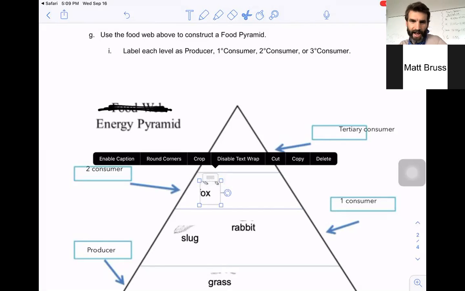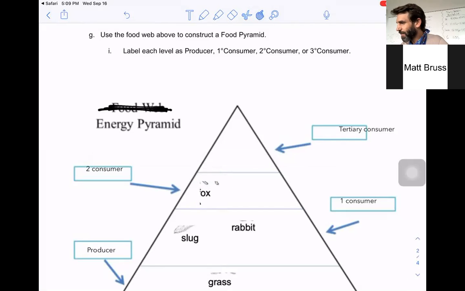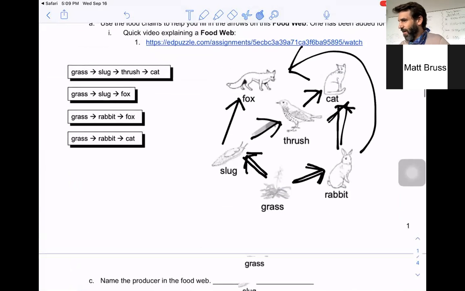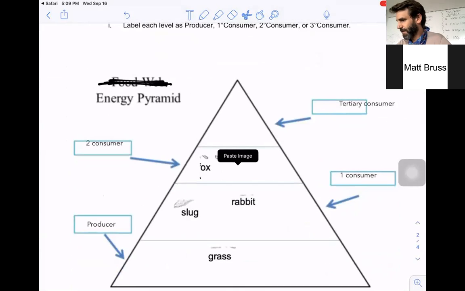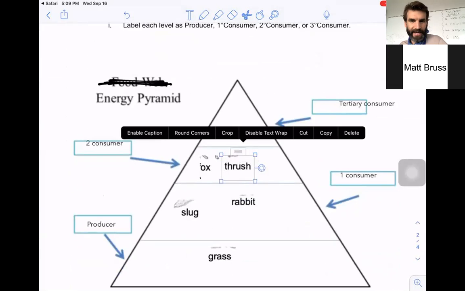Yeah, we got a little bit cut off, but I think you get the point. And then we would also add in our thrush as a secondary consumer. And there's the thrush as our secondary consumer.